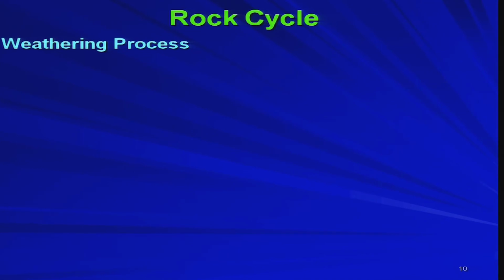Now, coming to the weathering process. One thing is very clear to you, that whether you are dealing with igneous rock, sedimentary rock, or metamorphic rock, basically you have to come across some weathering process. Now, what is that weathering process?